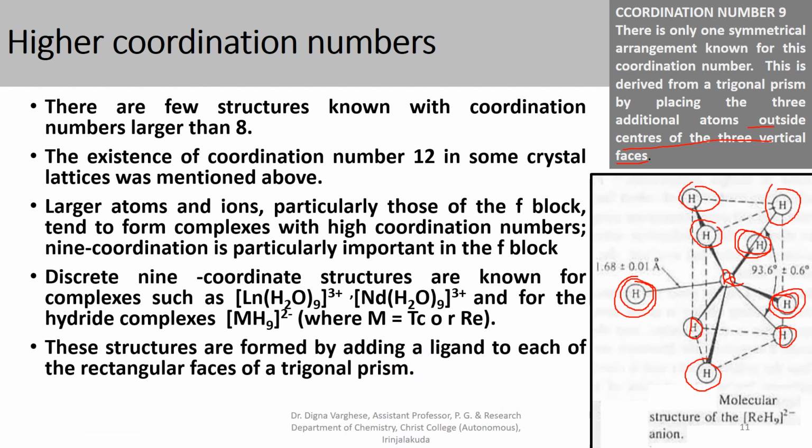These structures are formed by adding atoms to the rectangular faces of a trigonal prism. Here you can see the rectangular faces of a trigonal prism, so three rectangular faces in which three additional hydrogen atoms are placed.